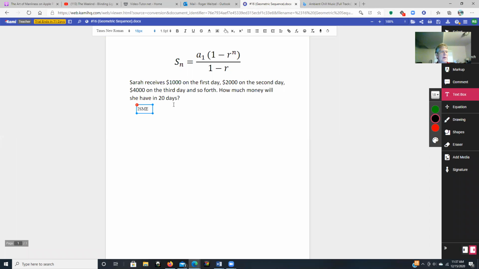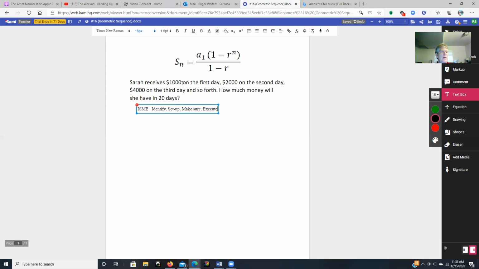So just as a reminder, the I stands for identify, the S stands for setup, the M stands for make sure, and the E stands for execute. All right, so first of all, we want to identify what kind of a problem it is. And so let's read the problem.